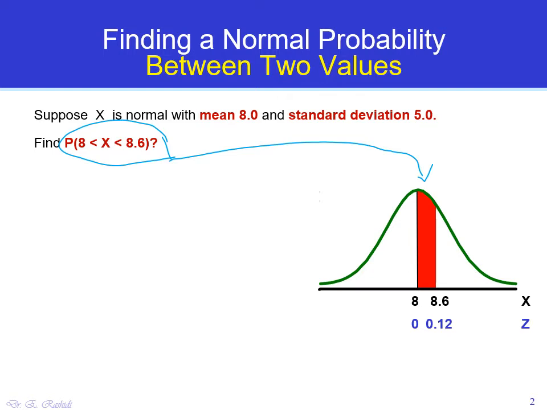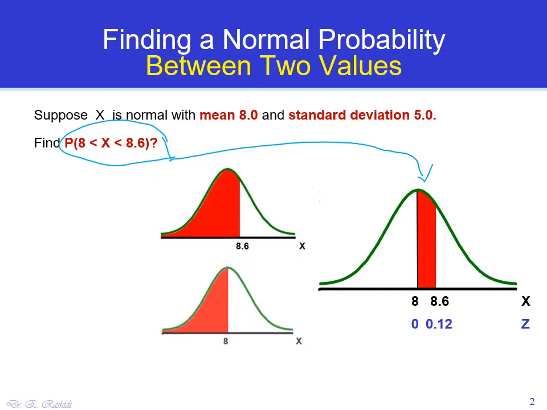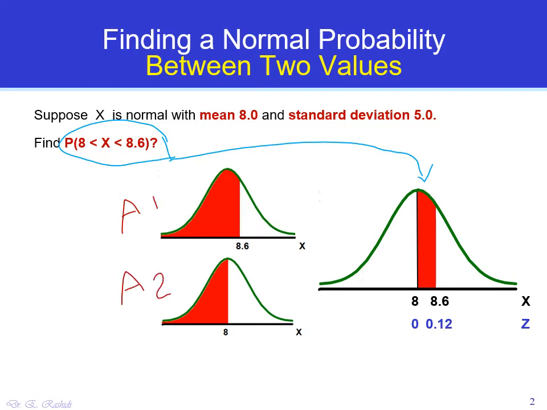We learned how to find the probability that x is less than a value, a shaded area on the left or right, but not in between. If you look at it closely, you can turn this into two different shapes. I'm going to call this area 1 and this area 2.